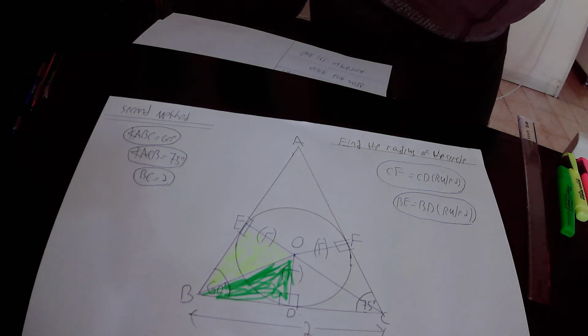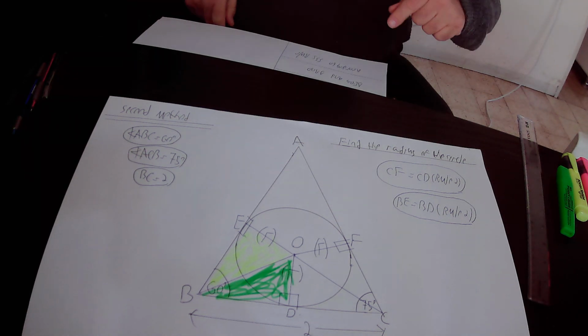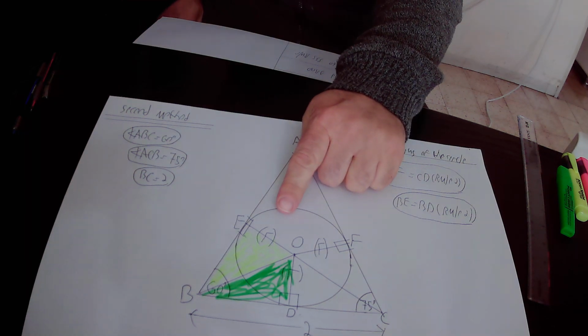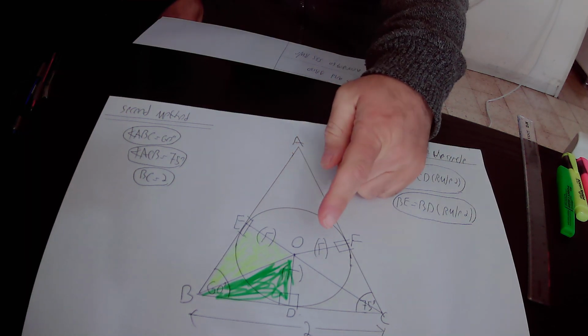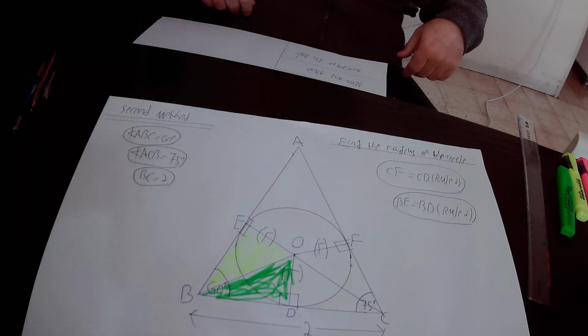Repeat again. The yellow triangle EOB can go into the green triangle, triangle BOD, according to side rule.